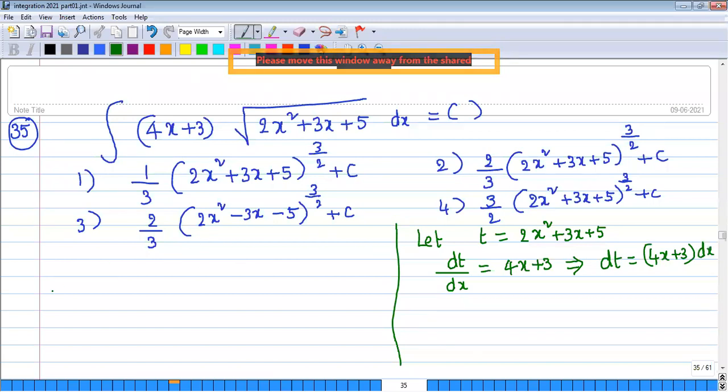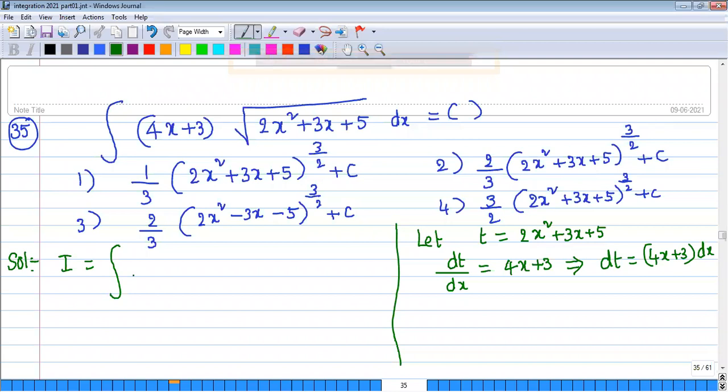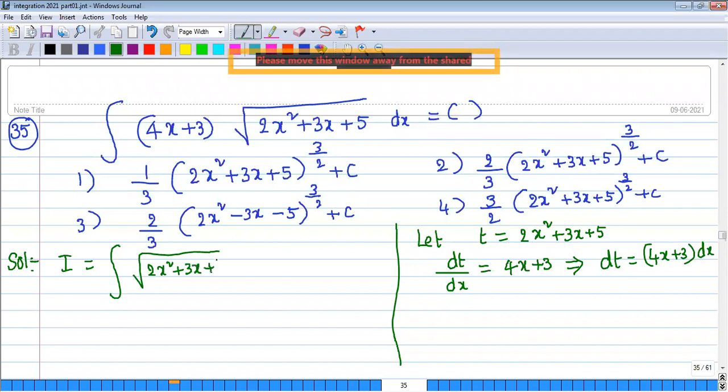So now, as far as this question is concerned, I equals, this can be rewritten, root of (2x square plus 3x plus 5) into this (4x plus 3) times dx.